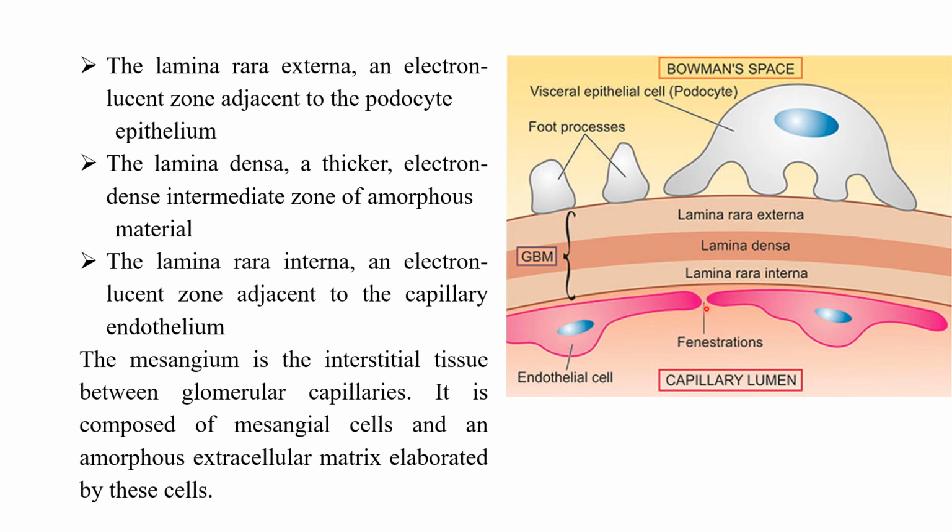The mesangium is the interstitial tissue between glomerular capillaries. It is composed of mesangial cells and an amorphous extracellular matrix elaborated by these cells. So the space in between the glomerular capillaries is called the mesangium.